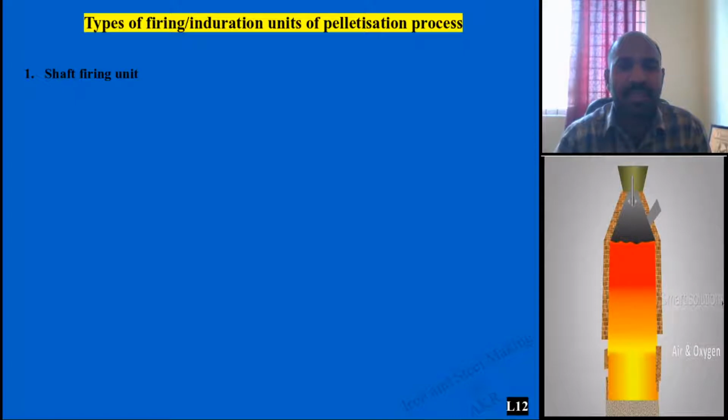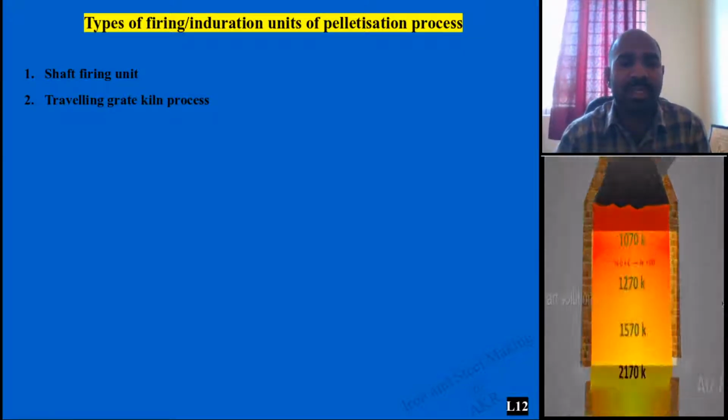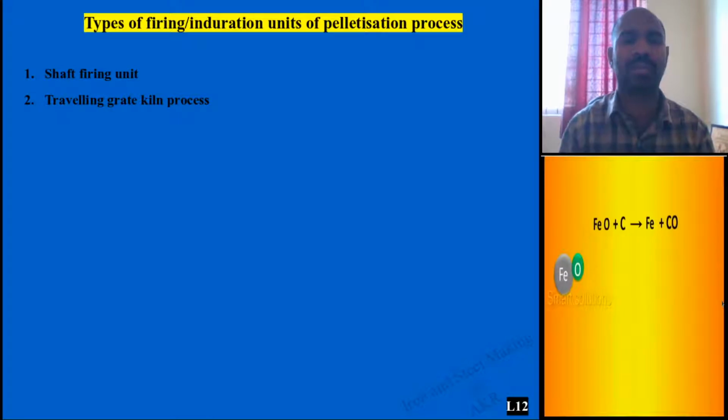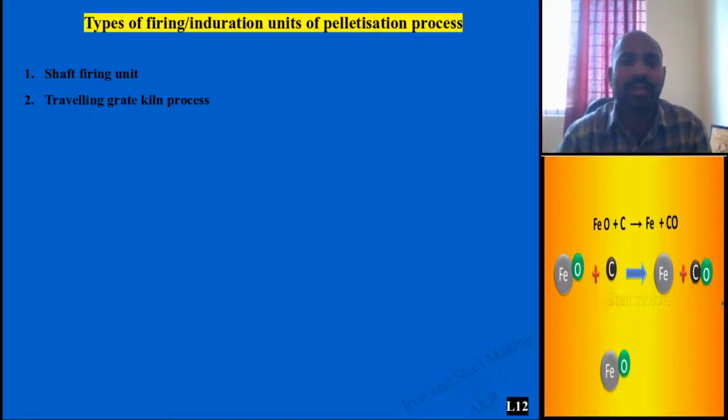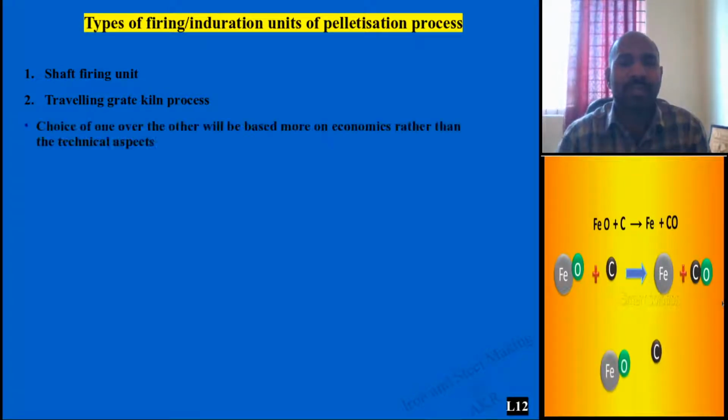We use one called the shaft firing unit, the shaft type furnace, and another is the traveling grate, in which the grate is arranged that way. Next, the rotary kiln is arranged, which moves from the entry to the exit of hardened pellets.